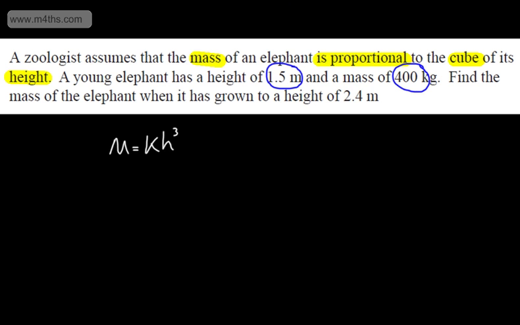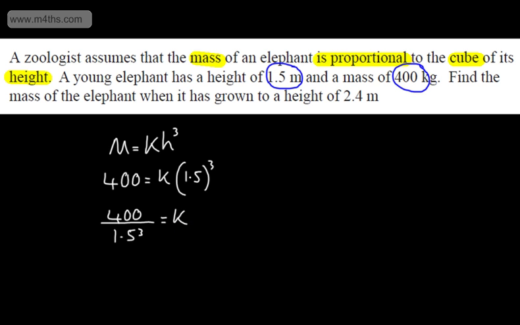So if I just substitute these values in, what we have here is 400 is equal to k, and then we'll have 1.5 cubed. You can write it as 1.5 or you can write it as a fraction. I'm going to write it now as 1.5 cubed. So we could find the value of k by doing 400 divided by 1.5 cubed, and that would give us k.